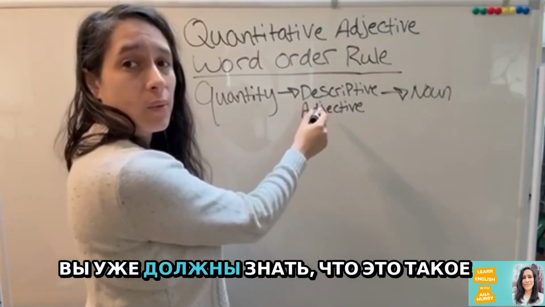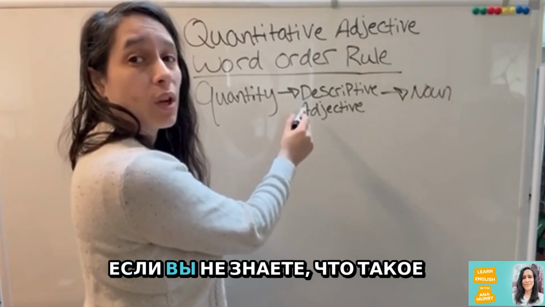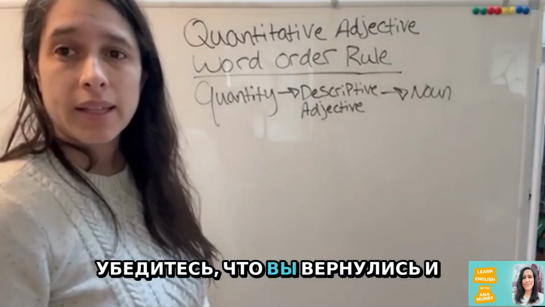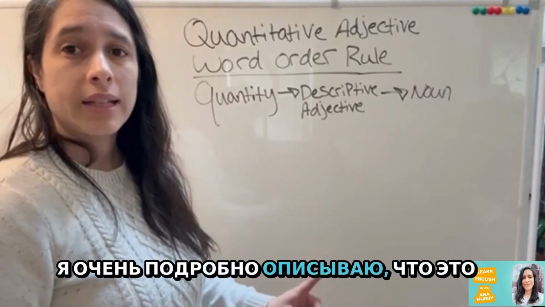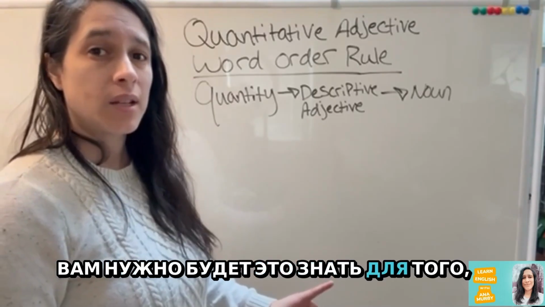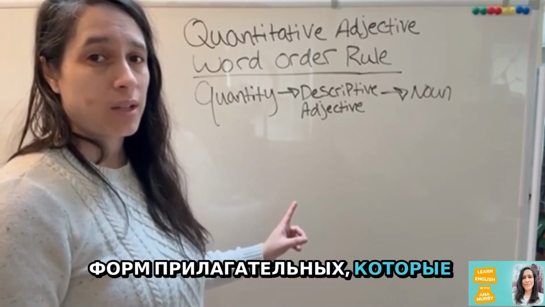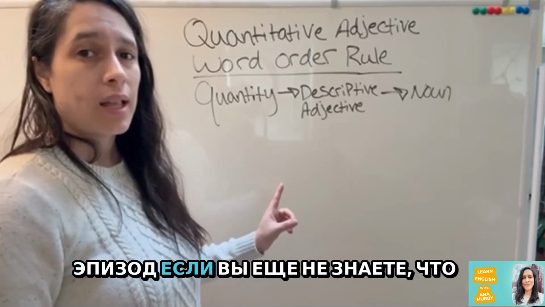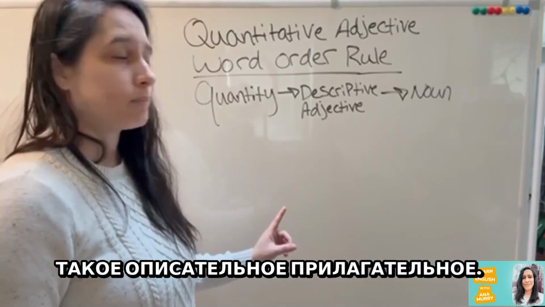You should already know what this is because of last lesson. If you don't know what a descriptive adjective is, make sure you go back and listen to the previous episode. I describe what they are in great detail. You will need to know this in order to use any of the other forms of adjectives there are.